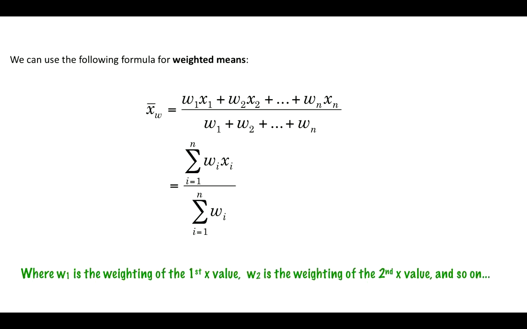So imagine, if you will, that each data point is being counted a different number of times. Some data points you might count once, and other data points, if they're worth twice as much, imagine that you're counting it twice. If it's worth 3 times as much, imagine you're counting it 3 times. And so in your numerator, the w sub 1 x sub 1 is like, I'm going to count this value twice, plus the next value only once, plus the next value 4 times, and so on and so on.